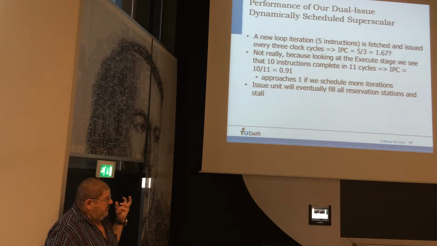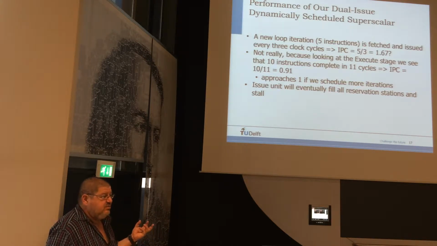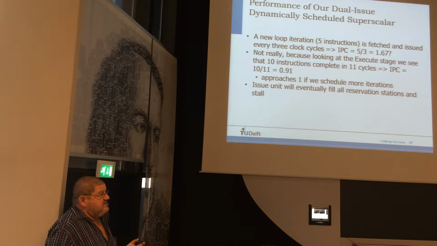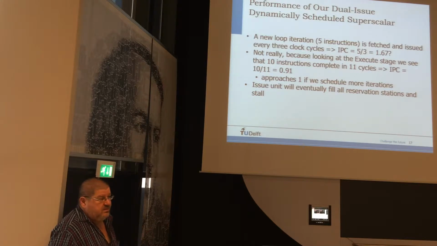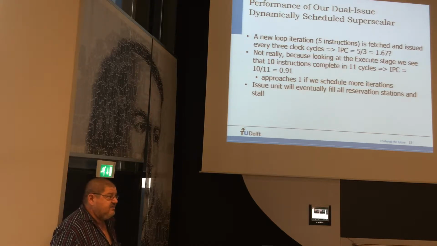So, how can I do better? If I schedule more iterations, I can do better. And this will eventually end up filling up the reservation stations. I can also do better if I solve some of the hazards.